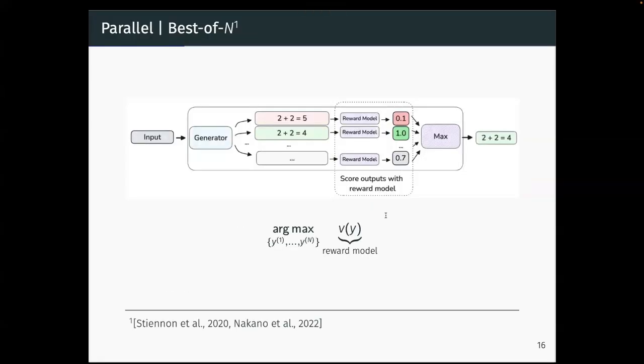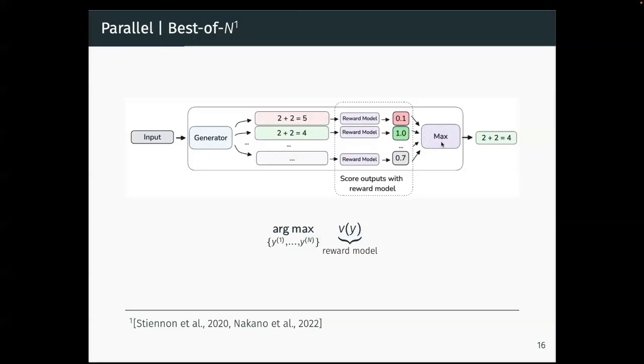There are a few different design decisions here. A really simple one is called best of n. The idea is we look at every output and come up with some way of assigning a score to it. Here we're generating math solutions, and this one says 2 plus 2 equals 5, so it gets a low score. This one says 2 plus 2 equals 4, so it gets a high score.